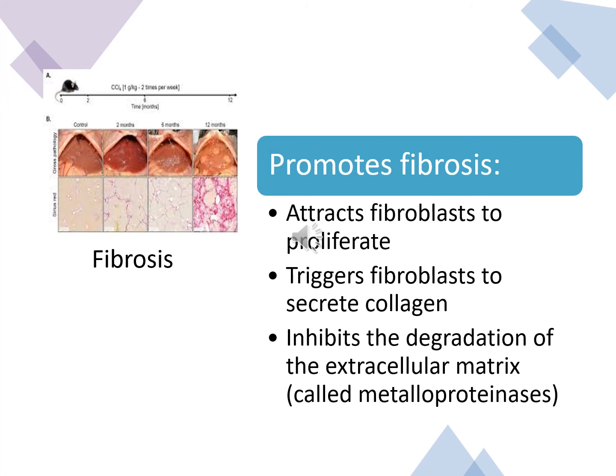The extracellular matrix will stay, and then it can form hardened tissue. But if we're looking at wound healing in general, this is our first phase, and then hopefully after that, the rest of it goes as it should.